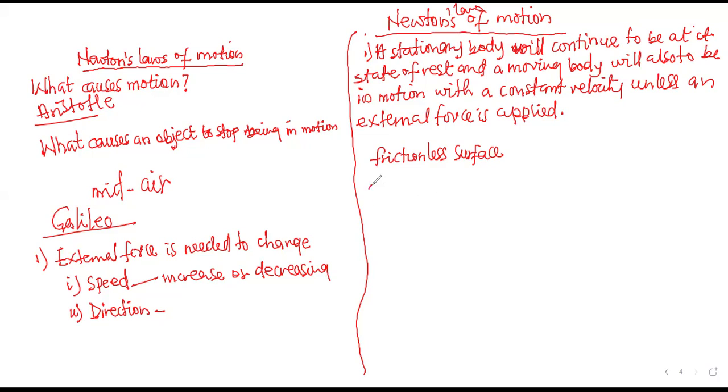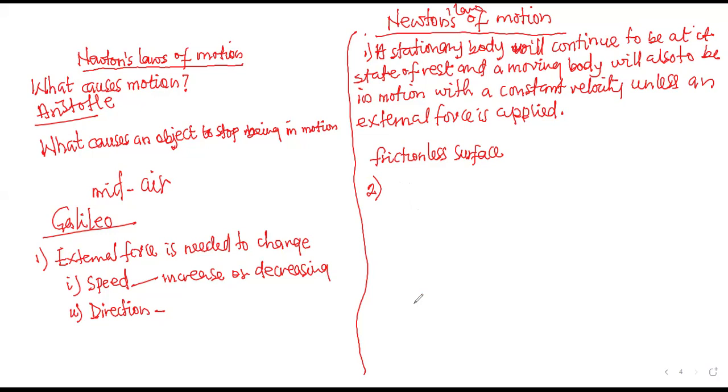Newton's second law of motion. From the first law, Newton is saying that a body would only move when an external force is applied. And whenever an external force is applied, a body would accelerate.